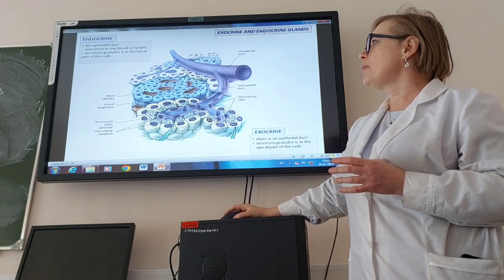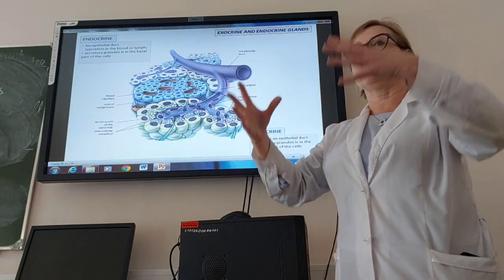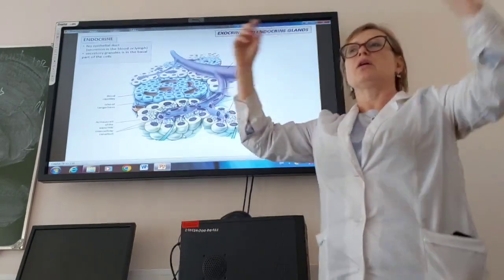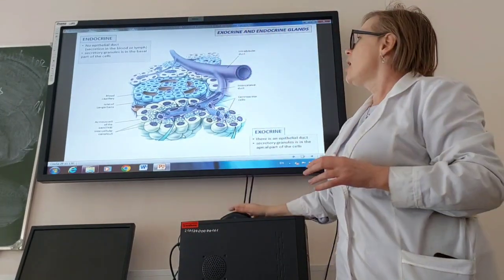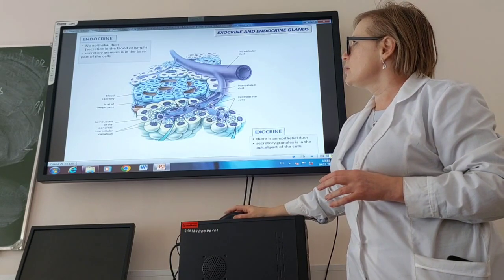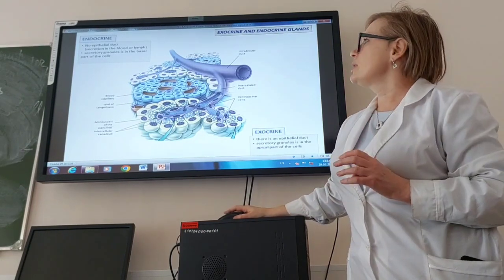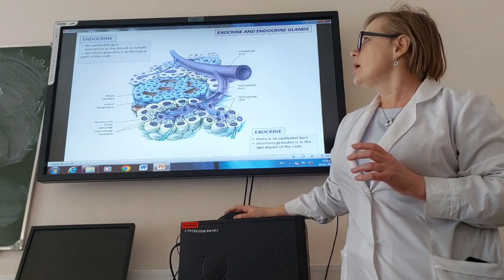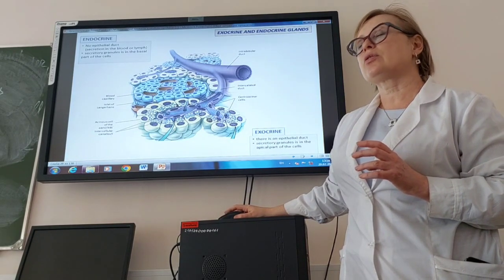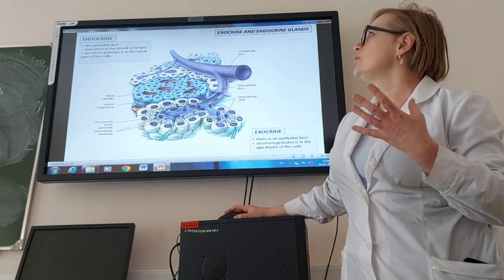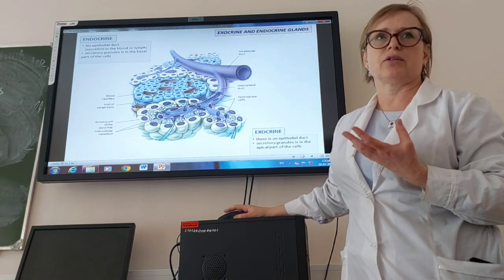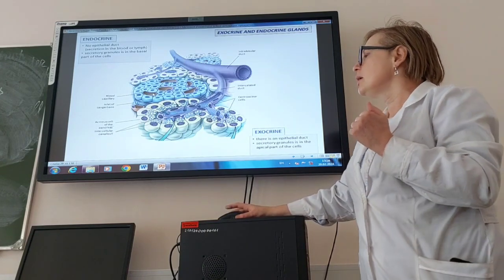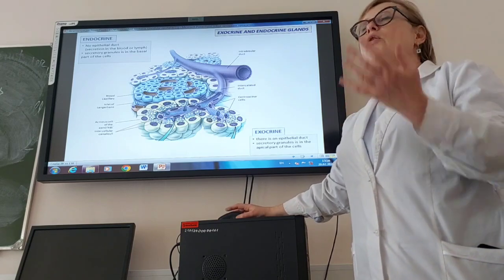So they have cells that secrete, and after that, to secrete outside onto any surface, they need a duct. So two parts: secretory part and duct. Another type of gland releases secretion into the bloodstream, into blood vessels. Such glands we classify as endocrine, and it is not necessary for them to have a duct. That's why the main difference between exocrine and endocrine is the presence or absence of a duct.